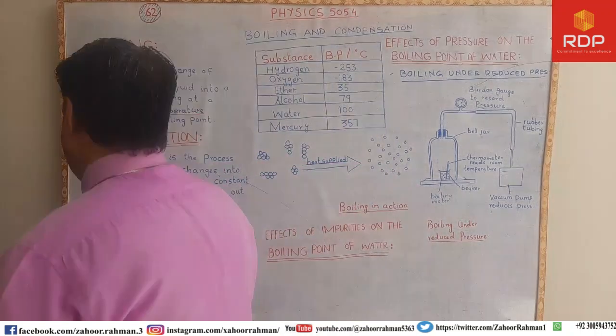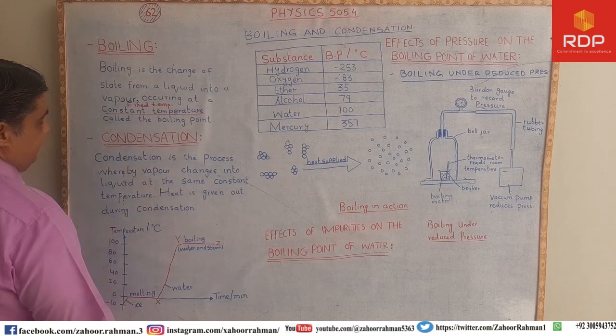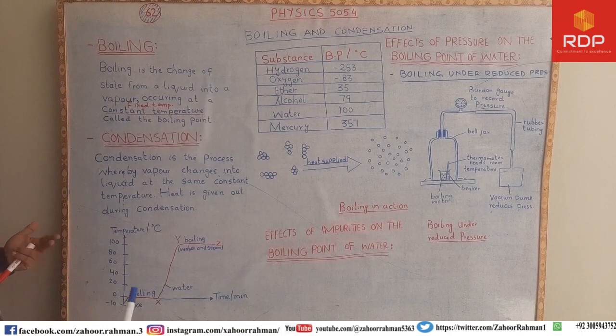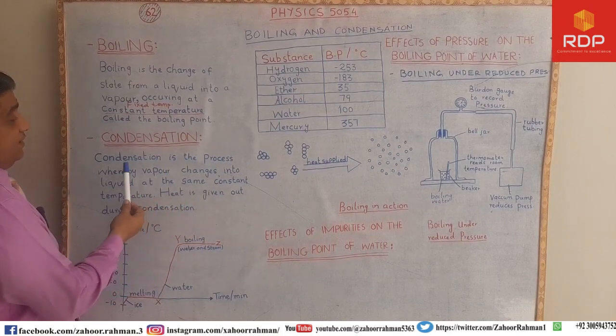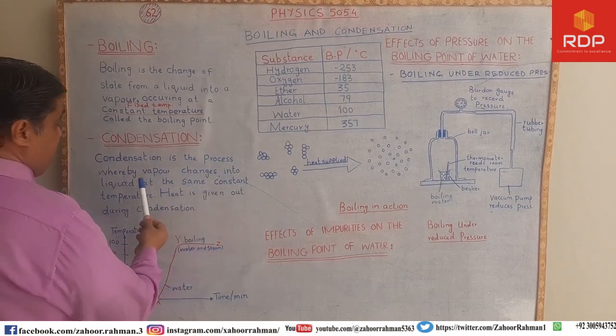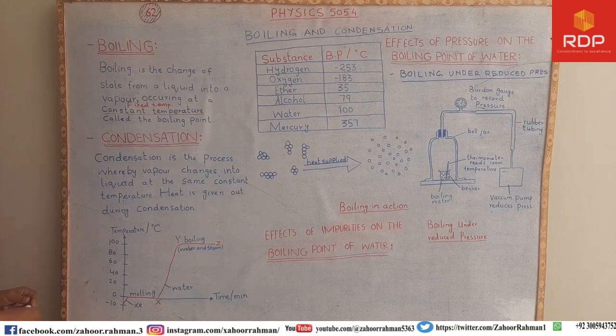On the other hand, what is condensation? As I told you, this is the reverse process. But let us define it. Condensation is the process whereby vapor changes into a liquid at the same constant temperature. And that is what I told you.